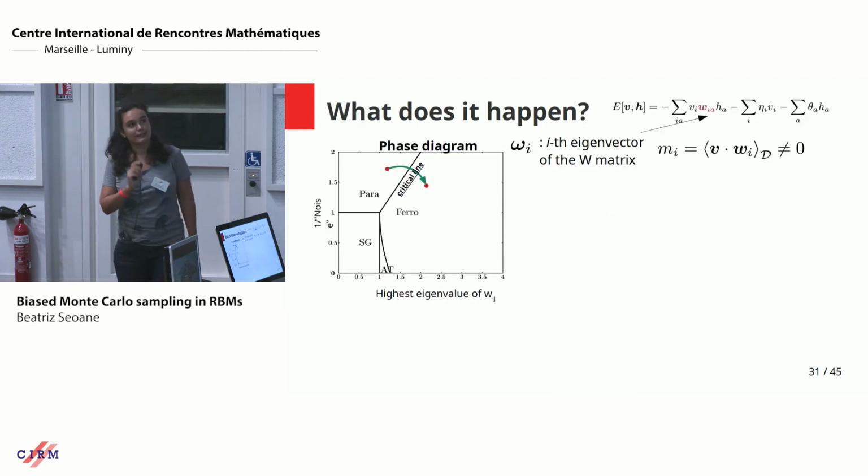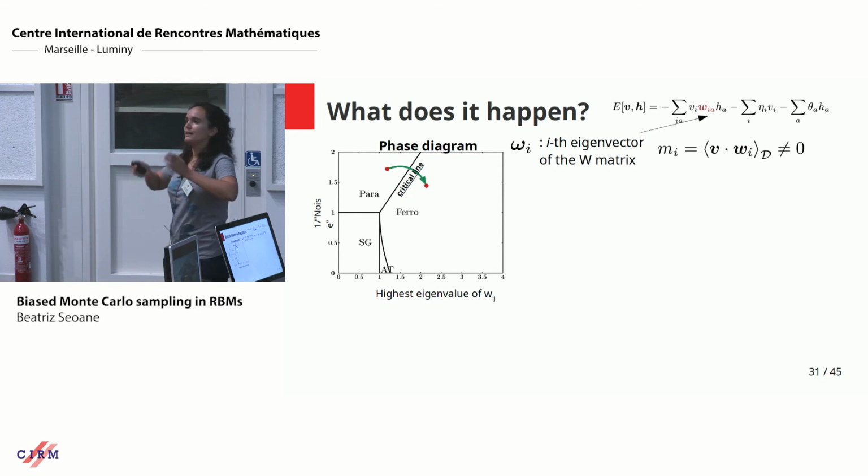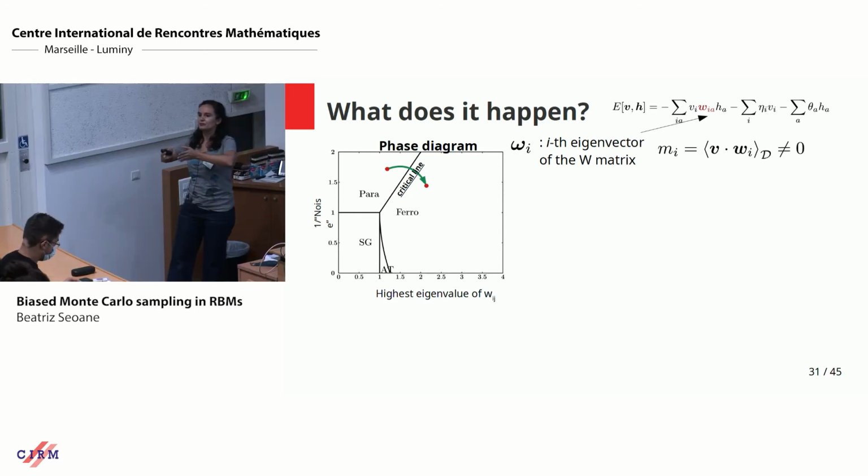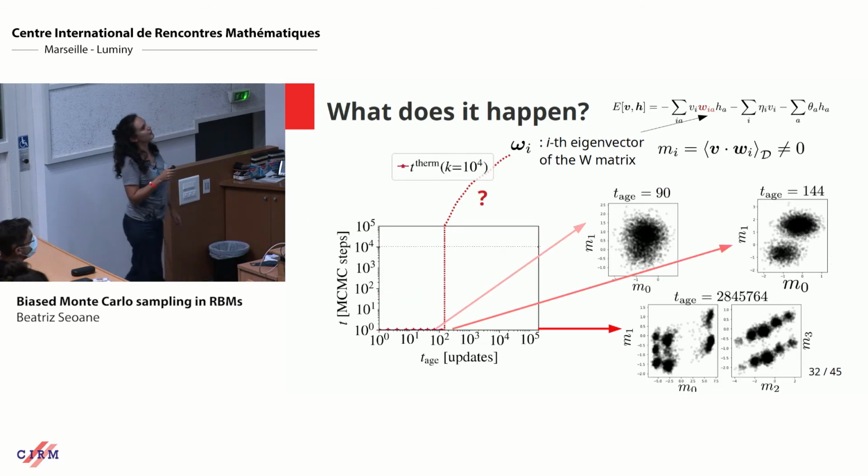And we can try to understand what is going on. I come back to what I was saying with the phase diagram. After the learning, we should start to see a ferromagnetic phase, so we should start to see directions at which we have a positive magnetization.